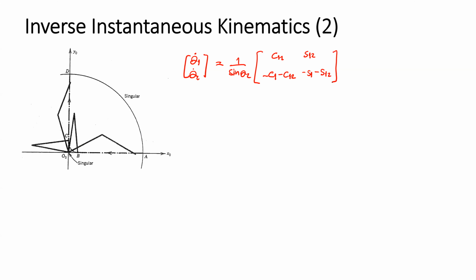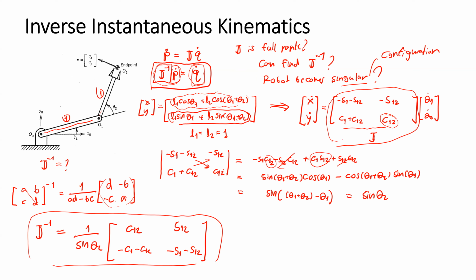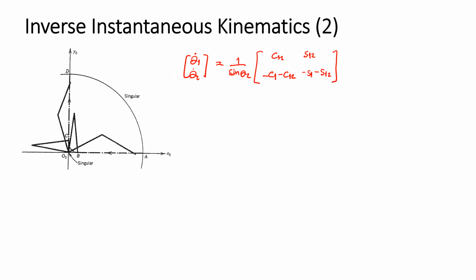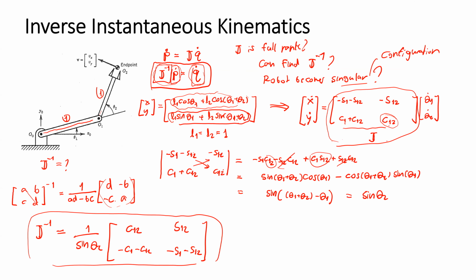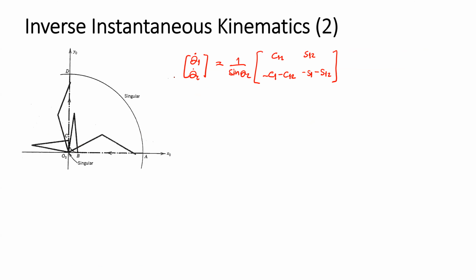This is the inverse Jacobian multiplied by the endpoint velocity Vx and Vy, the linear velocity at the endpoint.